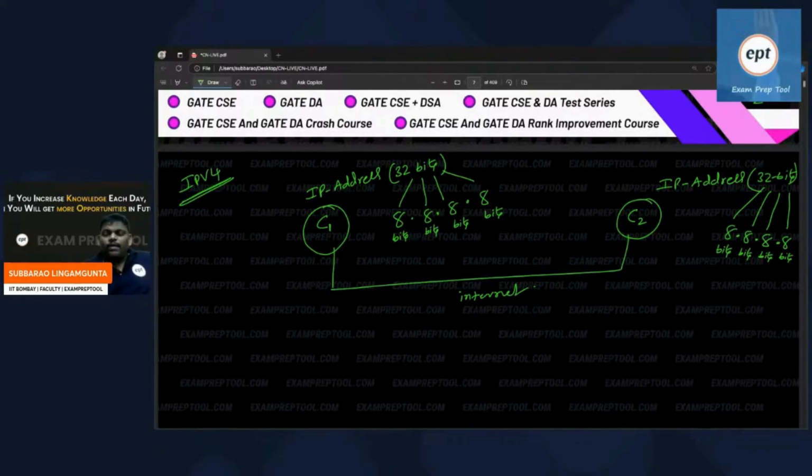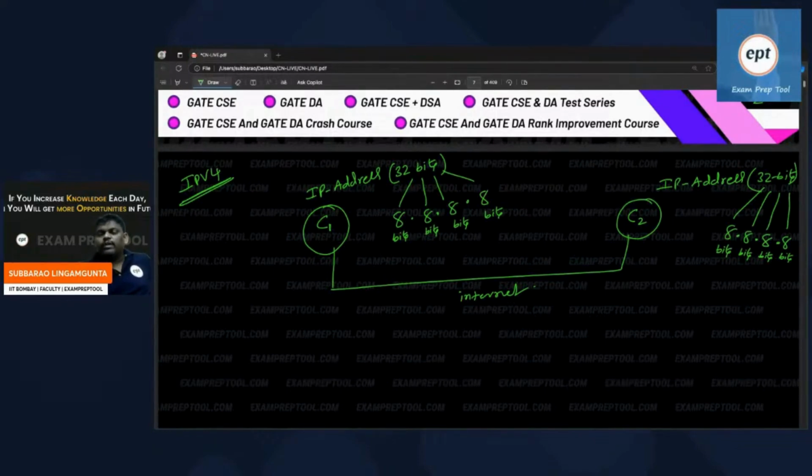Fine, is it okay? An IP address contains 32 bits according to the IPv4 version. As versions increase, the number of bits also increases, because the population is increasing and the number of people using the internet is also increasing.